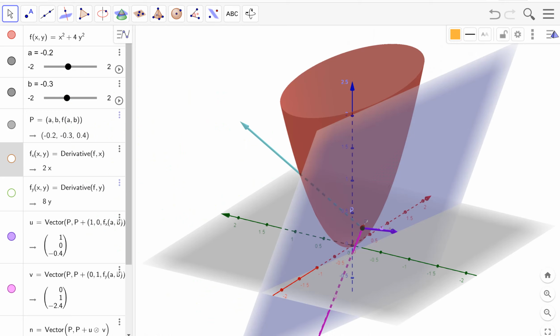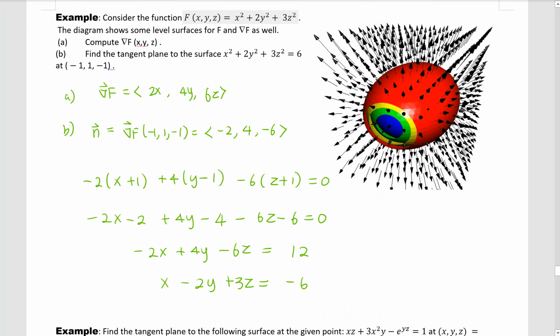In our GeoGebra projects, we use the information z equals a function of x, y, but we can do similar things here. We can change the function by typing in this function, and then we can also find the gradient vectors.